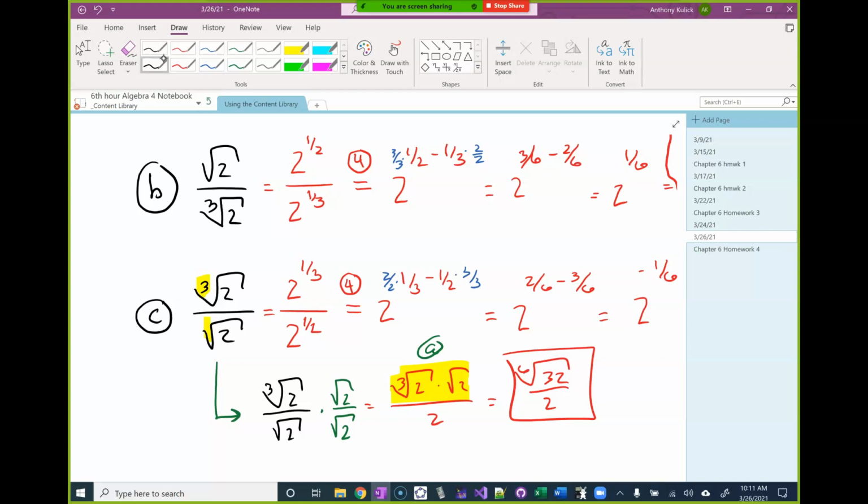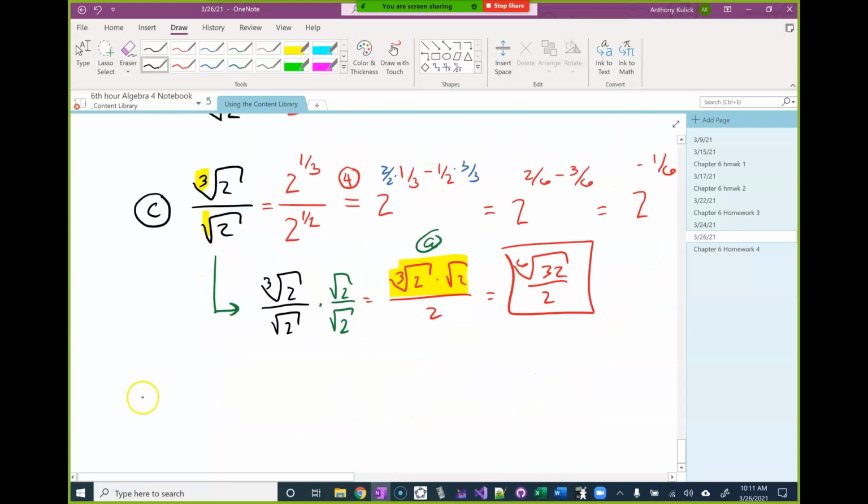But yes, having already done part A is what makes it so substantially shorter. That's assuming, though, that you know that it's coming, right? If you don't know the rationalizing is coming, then it's not of a lot of help.